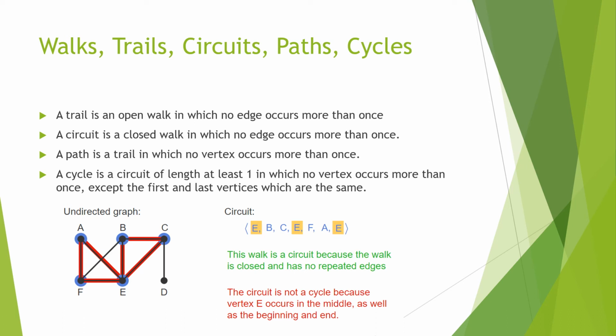We have repeated vertices, that's why this circuit is not considered to be a cycle. But it is a circuit because we didn't repeat any edge in this walk. So this walk is a circuit because it's a closed walk and it has no repeated edges. This circuit is not a cycle because vertex E occurs at the middle as well as the beginning and the end.